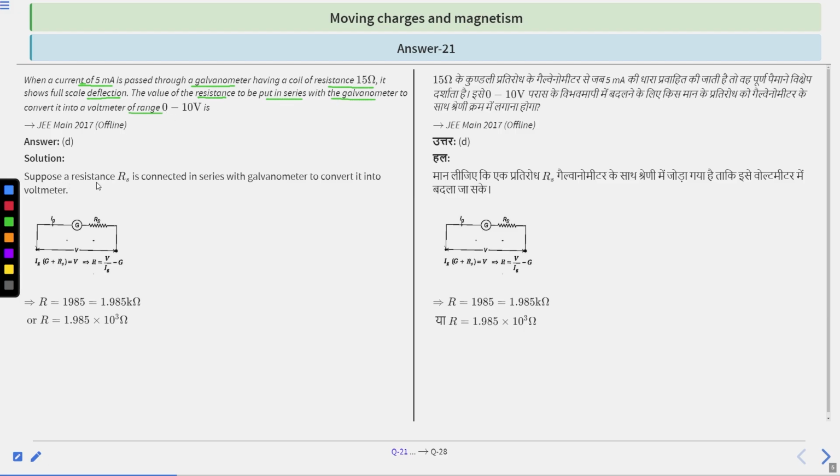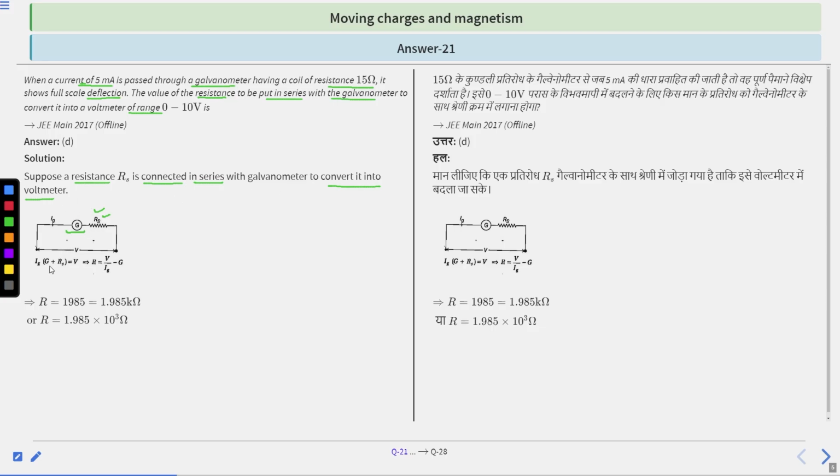Suppose a resistance Rs is connected in series with the galvanometer. This is the galvanometer and this is resistance Rs. Both are connected in series to convert it into a voltmeter. Clear?